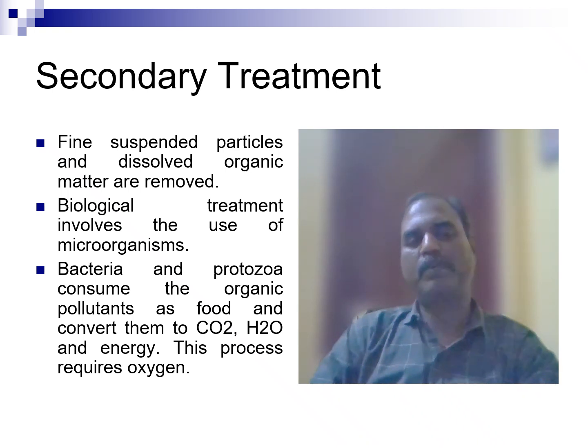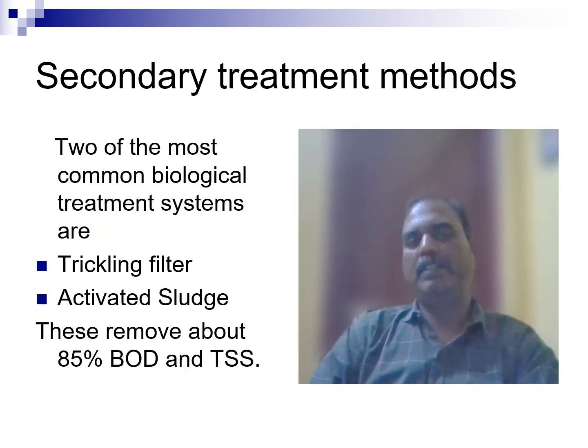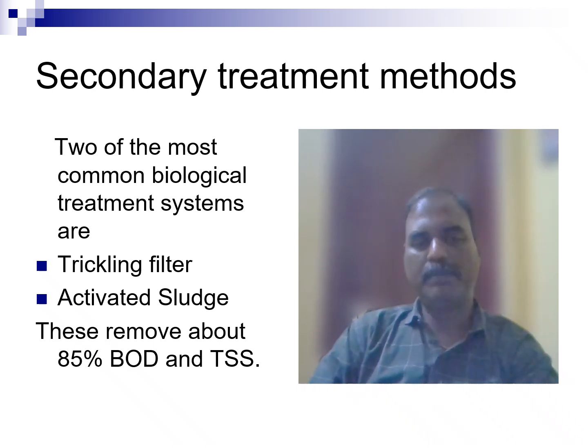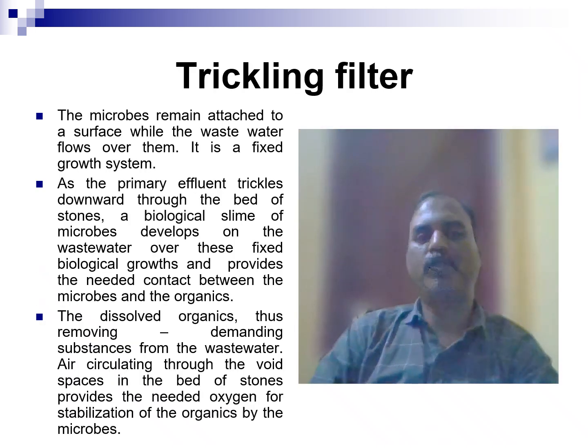Bacteria and protozoa consume the organic pollutants as food and convert them into carbon dioxide, water and energy. This process requires oxygen. That is the secondary treatment. We commonly use two different methods: the first one, trickling filter, and activated sludge. Both remove almost 85% of biological oxygen demand and total suspended solids.